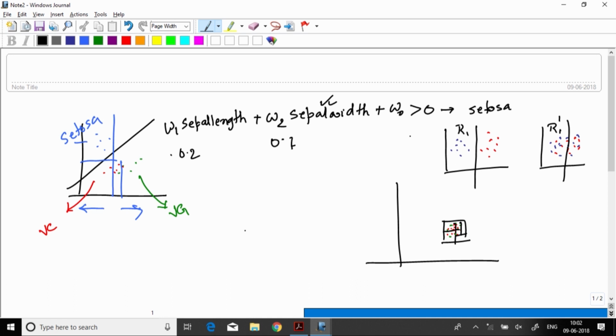R1 has more information. How do you know? R1 has samples from only one class. So you can think about how your class labels are mixed. That is one criterion, right?